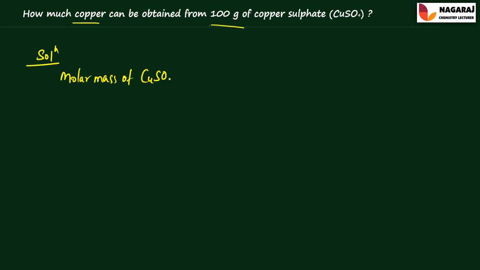Copper sulfate, CuSO4. So molar mass is always equal to the sum of the atomic masses of all the elements present in the molecule. That is copper plus atomic mass of sulfur plus 4 into atomic mass of oxygen.